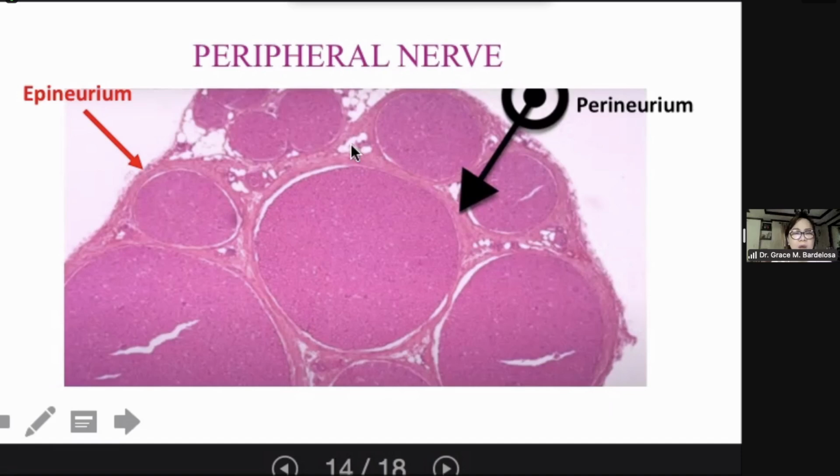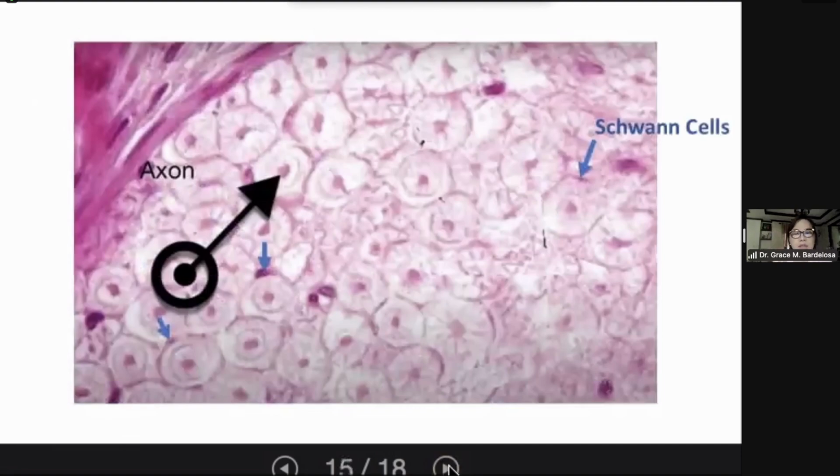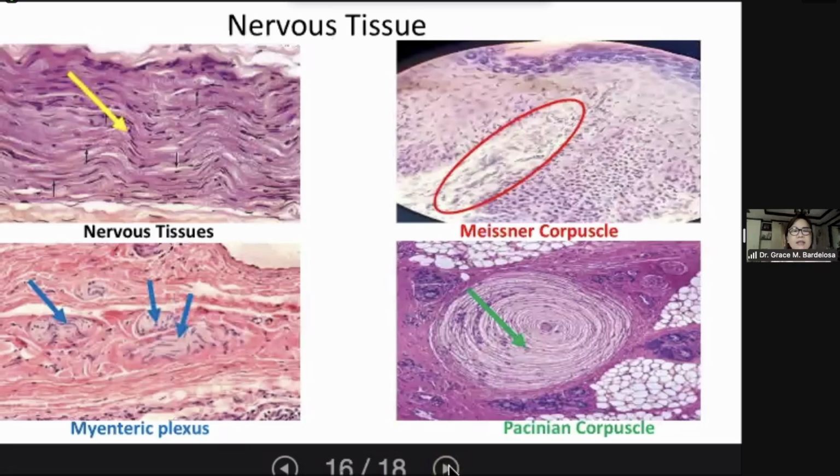And bundles of nerve fibers are surrounded by epineurium. I believe it was taught in your lecture what these are made of. So all of this, epineurium, perineurium, and endoneurium, are made of connective tissue. Okay, I have already shown that to you.